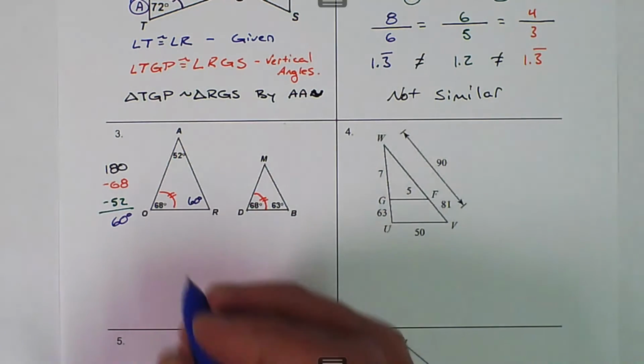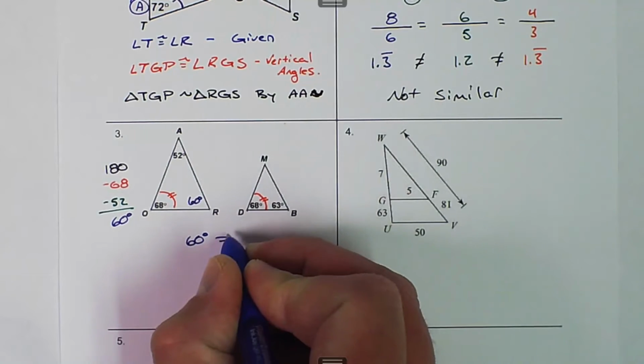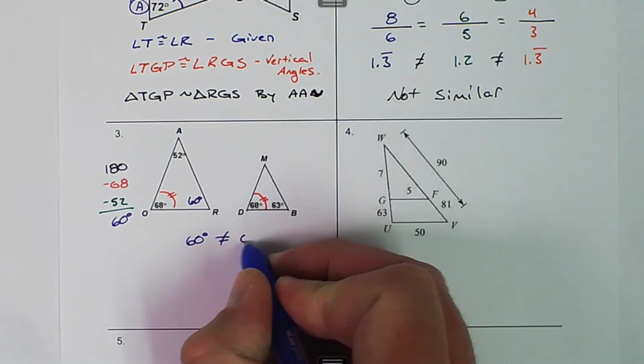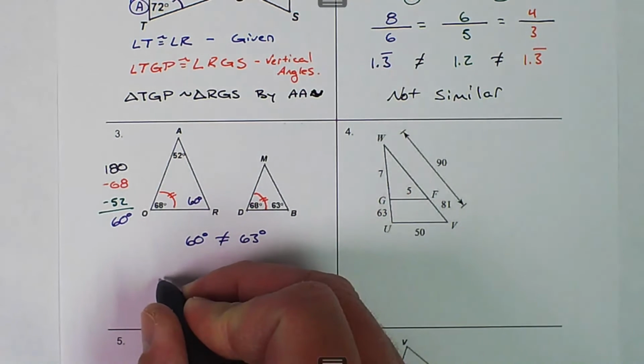So 60 degrees is not equal to 63 degrees. So these two triangles are not similar.